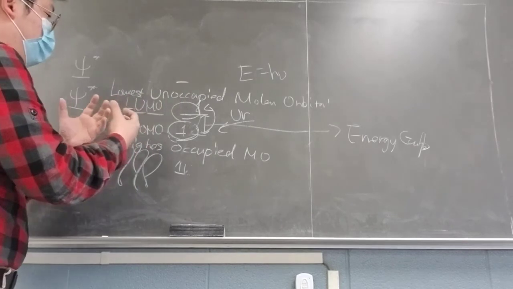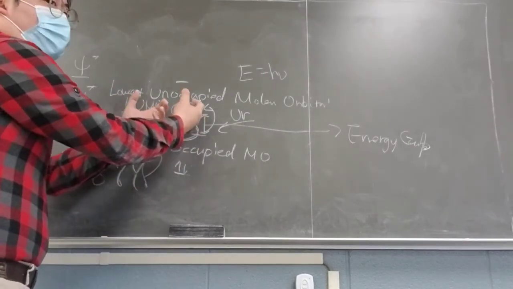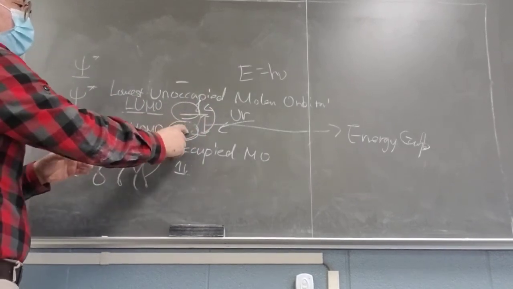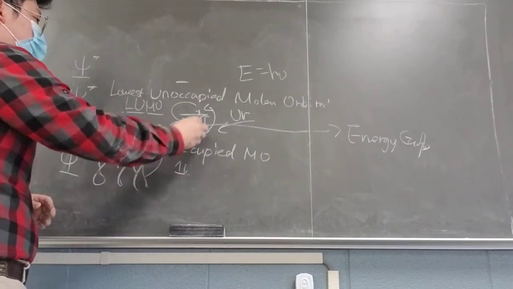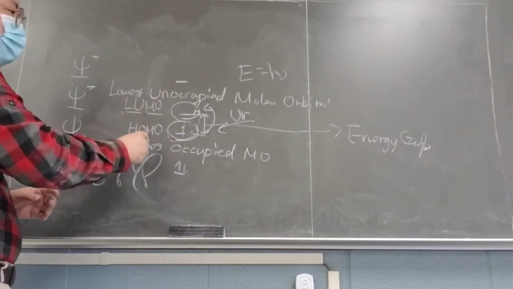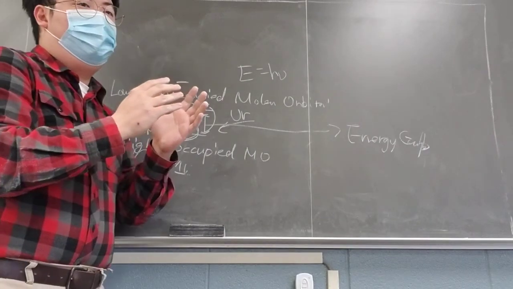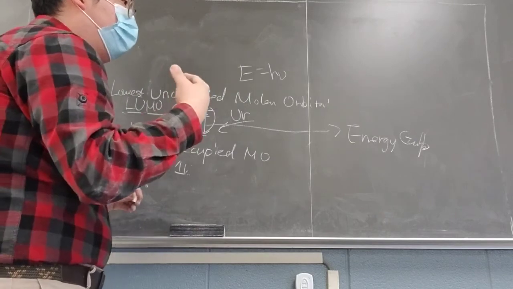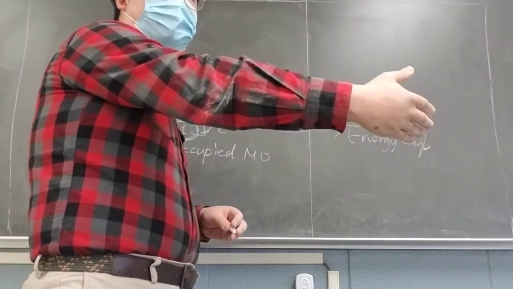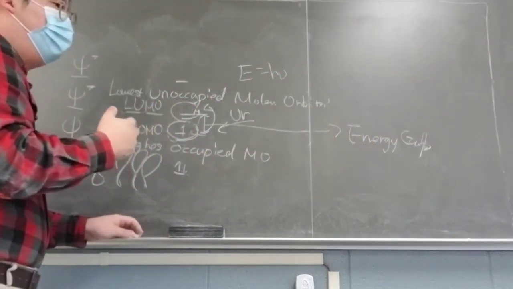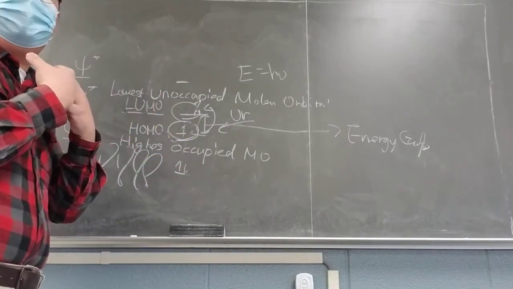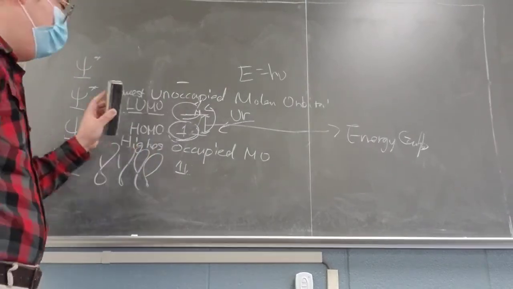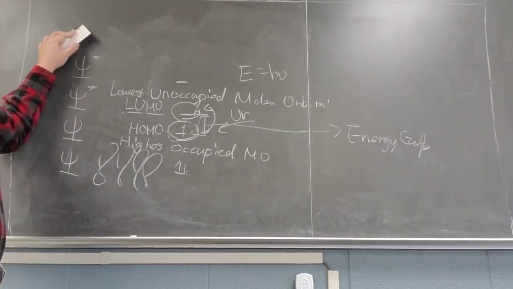So this makes a pi to pi star excitation, so they can put the one electron on the LUMO. Okay, so then they're going to have an absorption spectrum on the graph, because it only happens when it absorbs the energy. Okay, makes sense, right? Does it make sense? Okay.